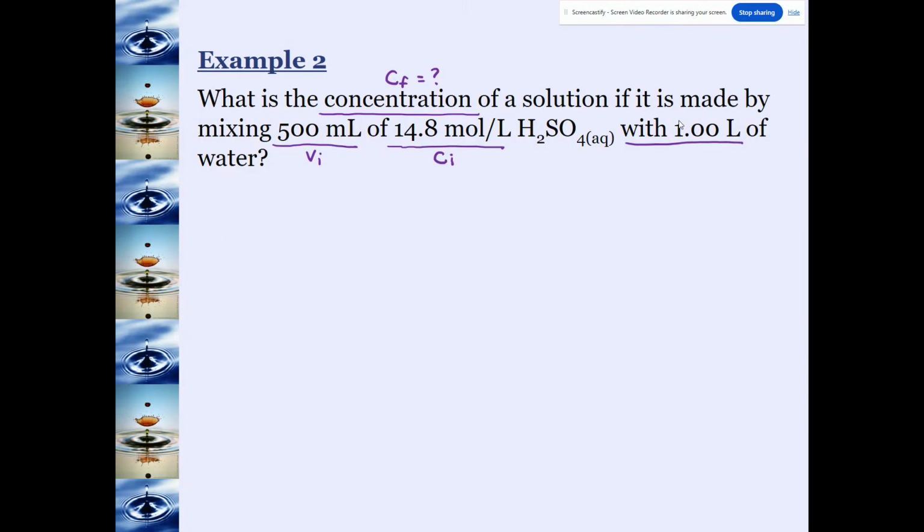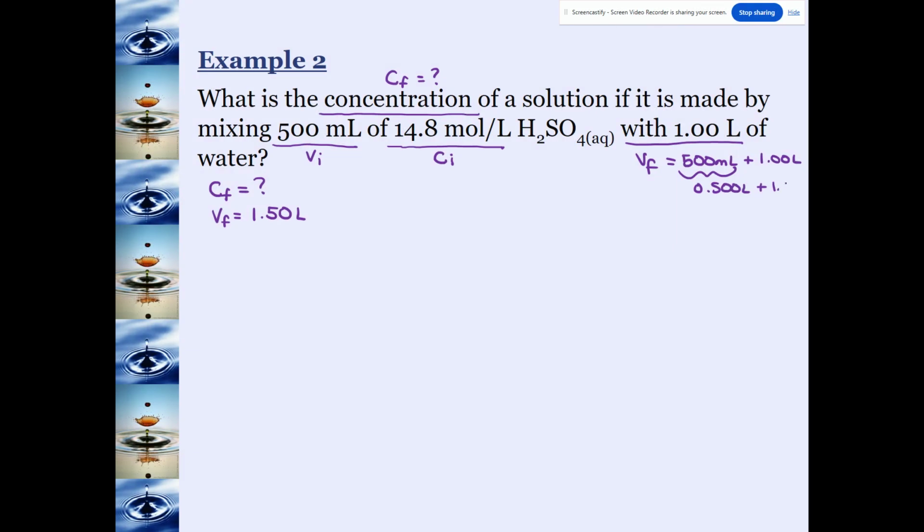Now, because one of my volumes is in liters, I'm going to put them both in liters. I'm going to list them out. So Cf is what we're solving for. Vf is 1.50 liters, because again, my Vf is found by mixing my 500 milliliters with 1 liter. My 500 milliliters would convert into 0.500 liters.